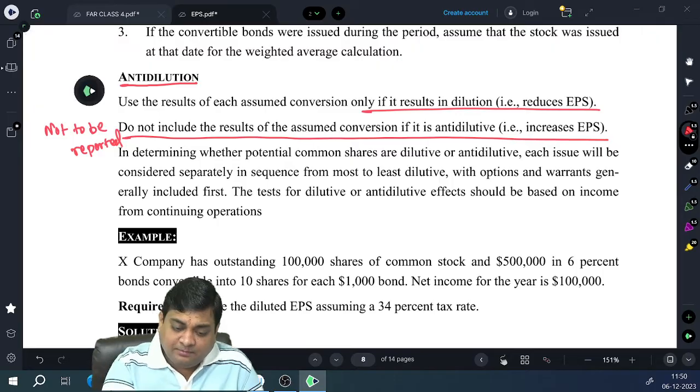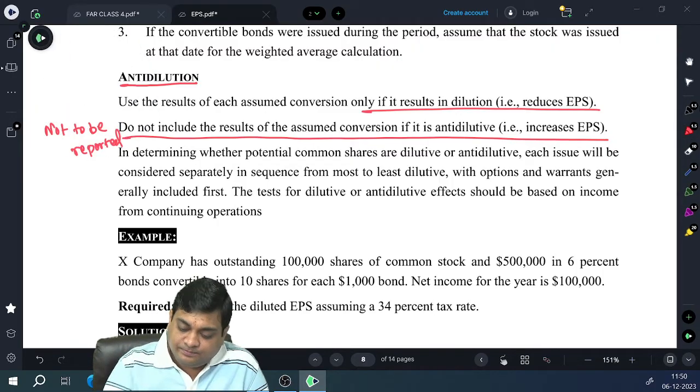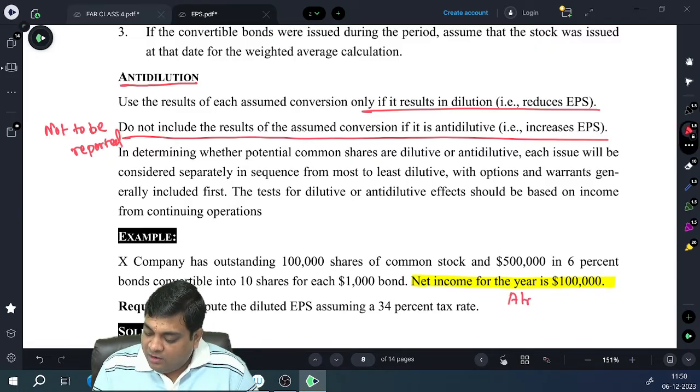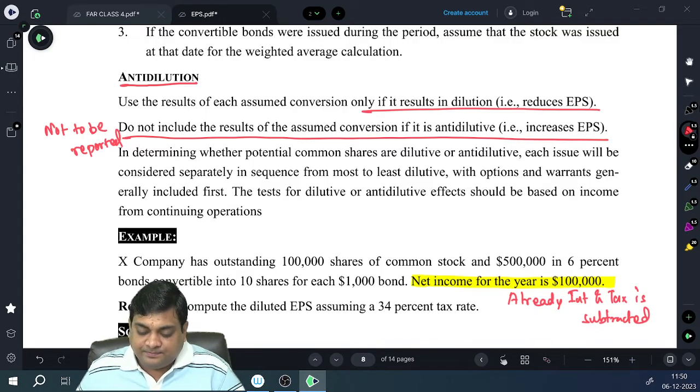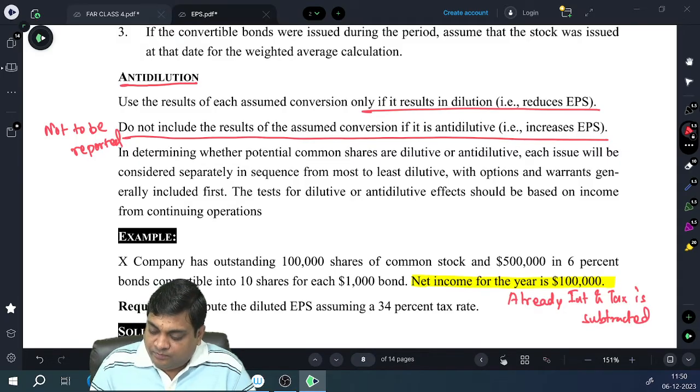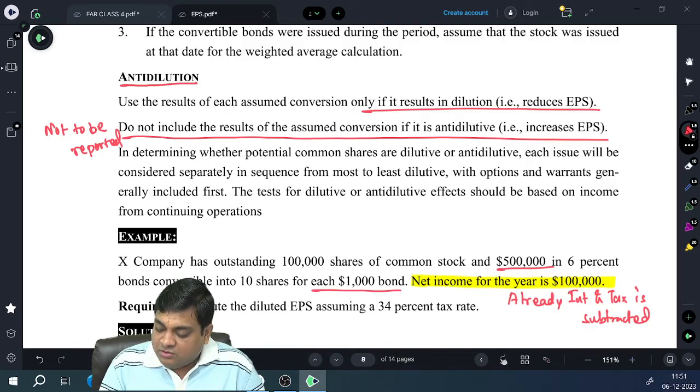Now this is net income. Already interest and tax is subtracted, right? $5 lakh, each bond is for 1,000.